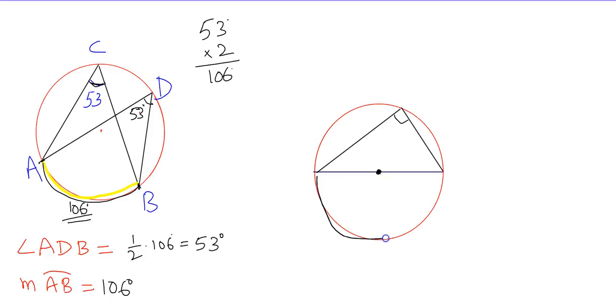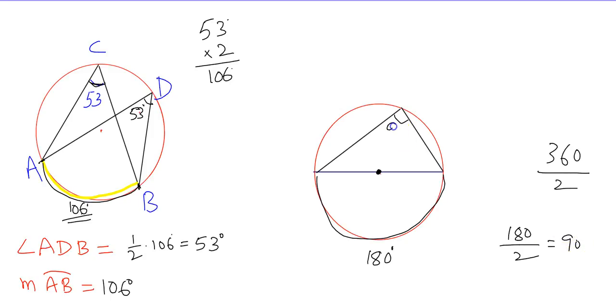This whole piece is half of a circle. We know the whole circle is 360. When I divide that by 2, you get 180 degrees. So the measure of this arc is 180. So the measure of the inscribed angle must be how much? 180 divided by 2, which gives me 90 degrees.